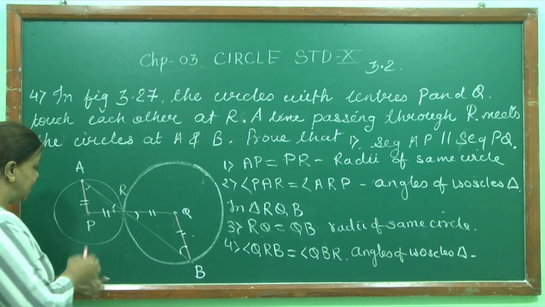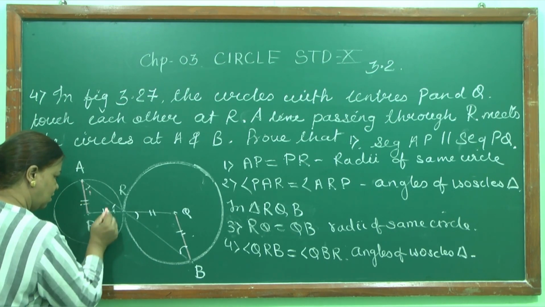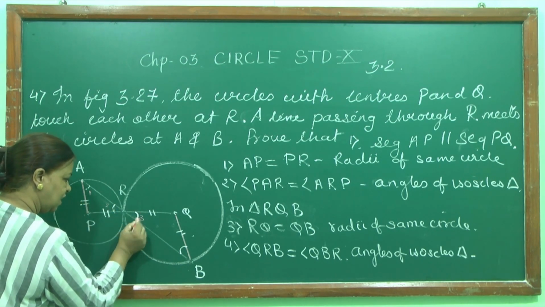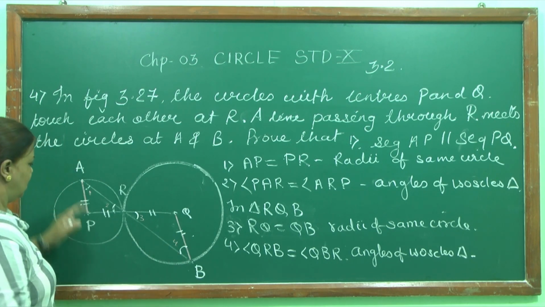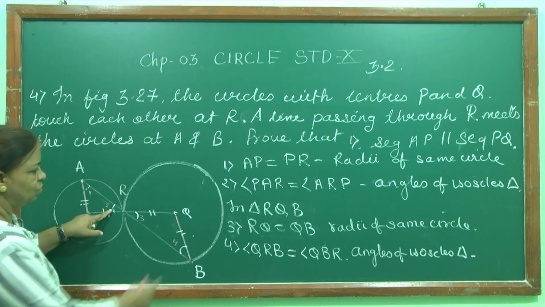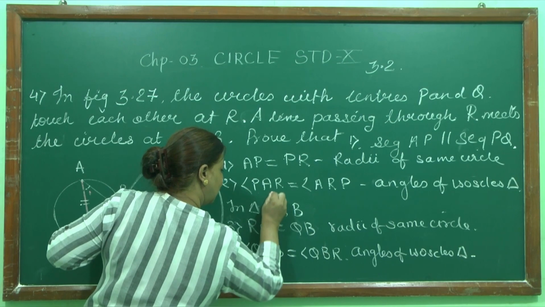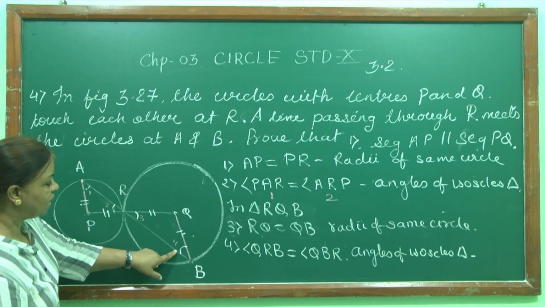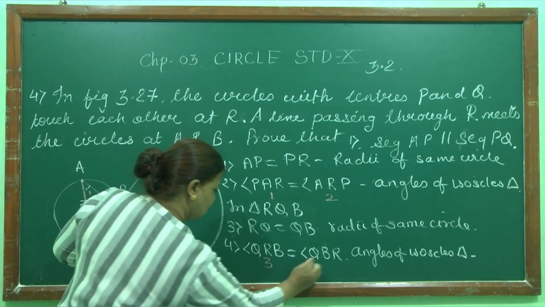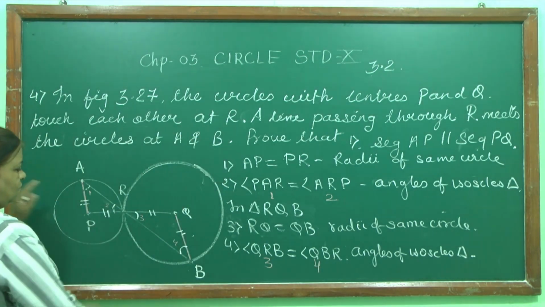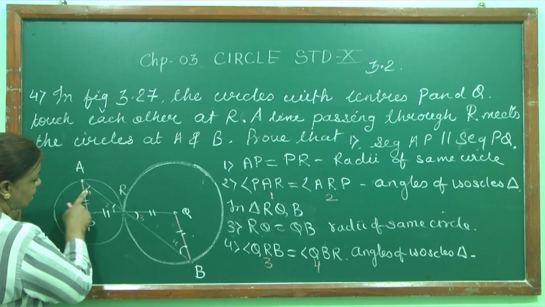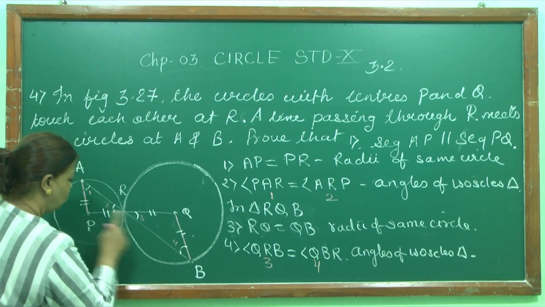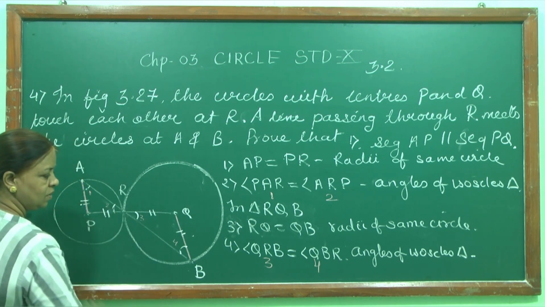Now children, see, I will number it: 1, 2, 3, 4. Angle 1 is equal to angle 2, and angle 3 is equal to angle 4. What about 2 and 3?